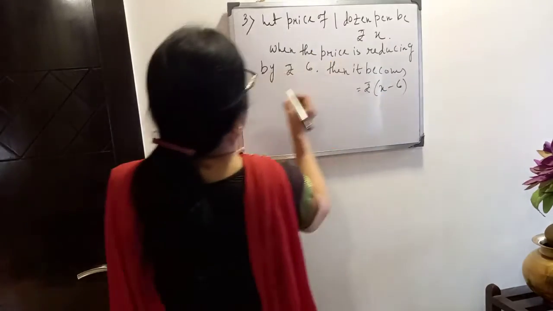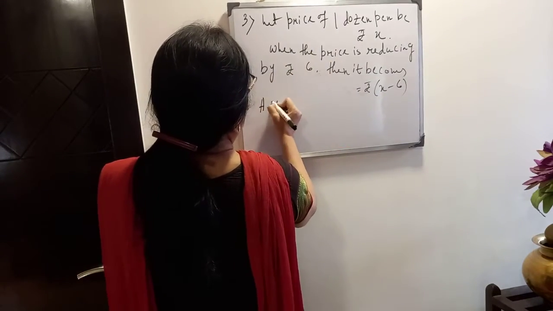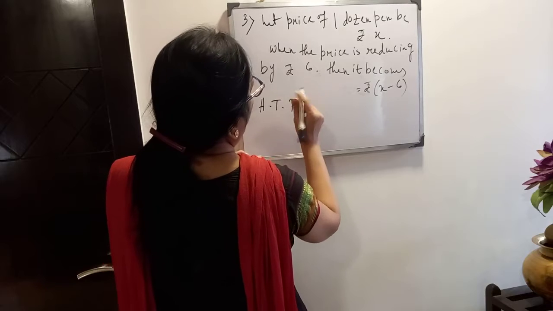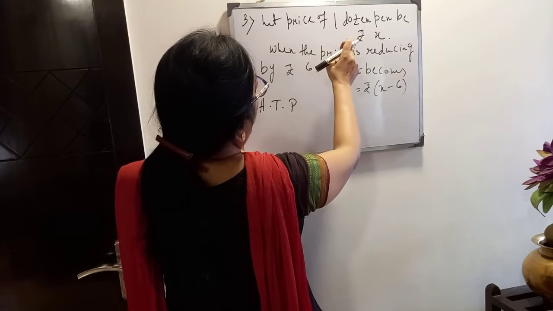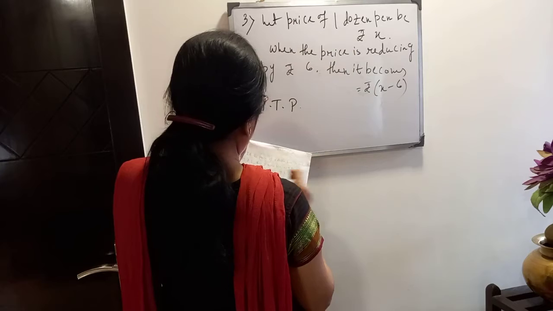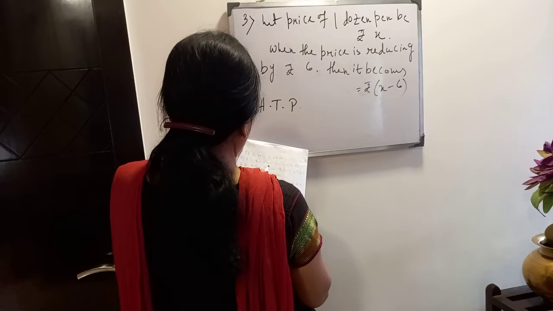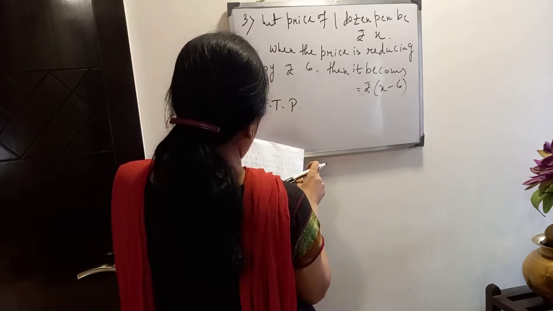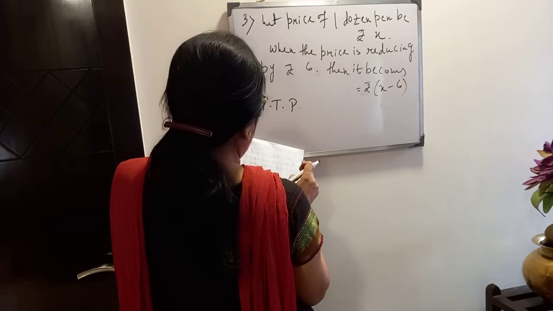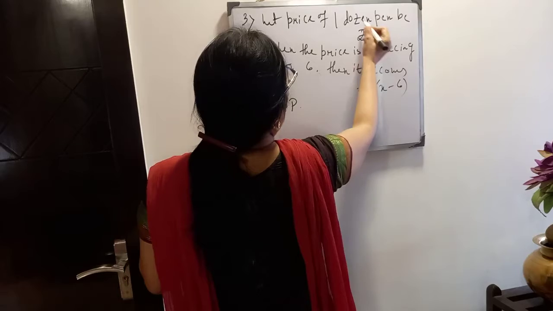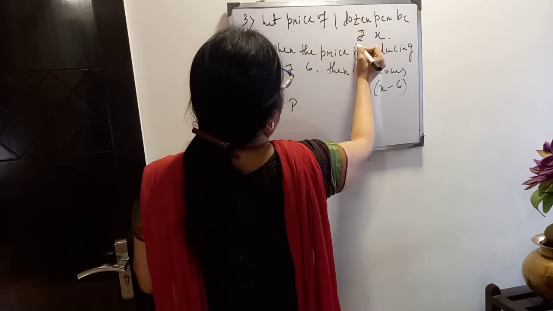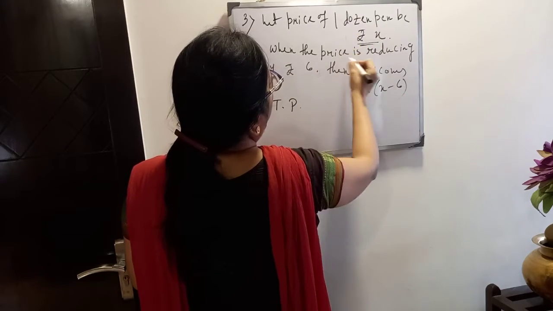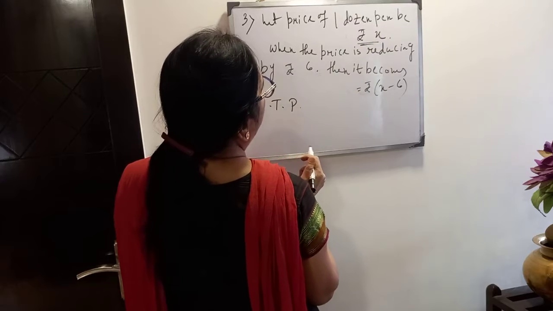So our equation will become, in details you do not have to write down, at 30 rupees you are getting, if the price of 1 dozen pen is reduced by rupees 6, then by rupees 30, how many pens will you get?